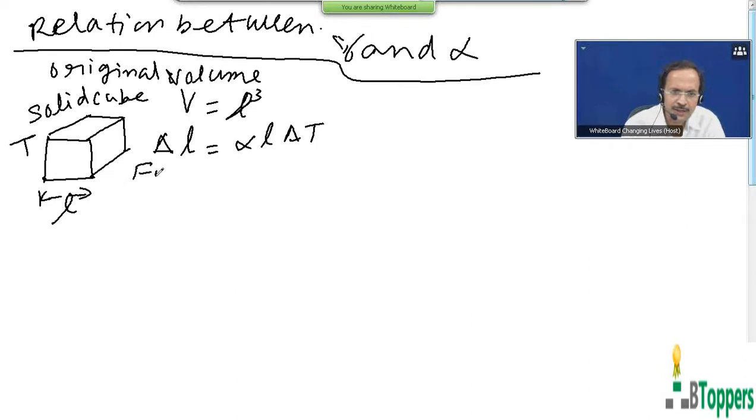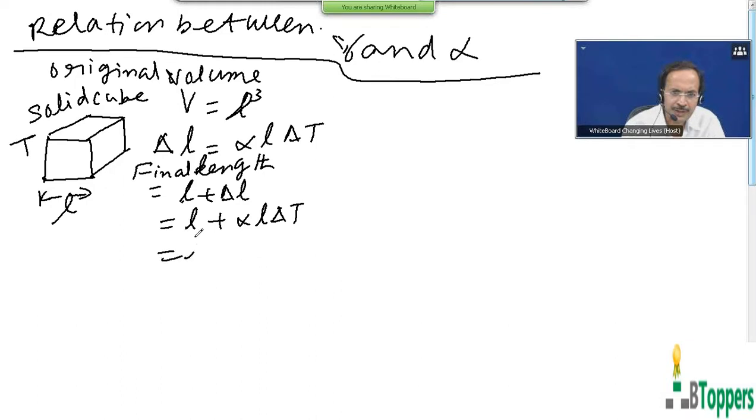So the final length of each edge of the solid is equal to the original length L plus delta L, or you can write L plus alpha L delta T. So you can write L into 1 plus alpha into delta T.